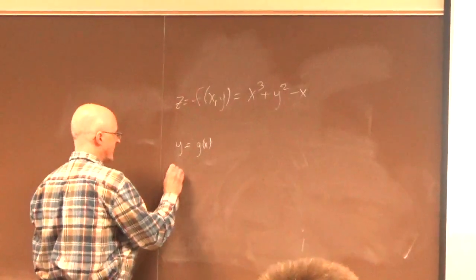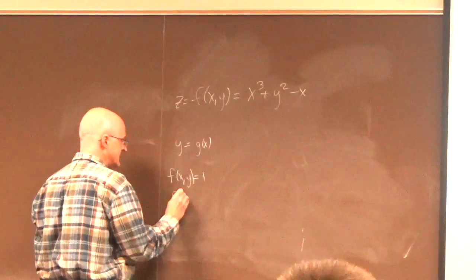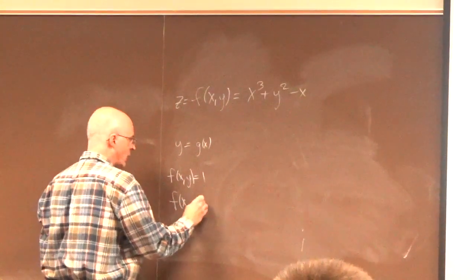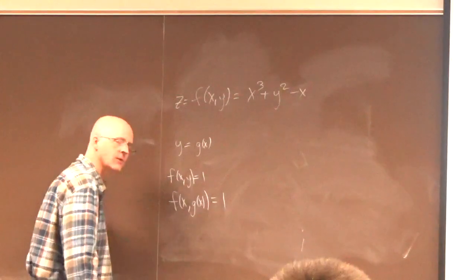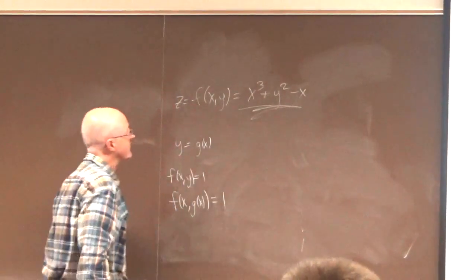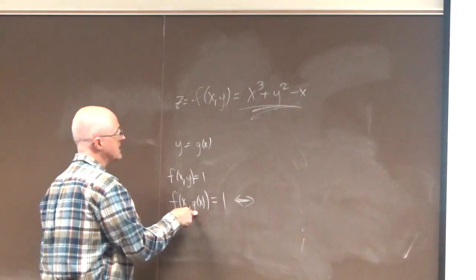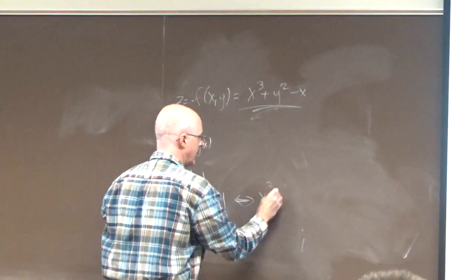And what does it mean for this equation to be true? If y equals g of x, it means this is true. If you replace y by g of x, that's true. And since this is your expression for the function, I can rewrite this equation with g of x in place of y.